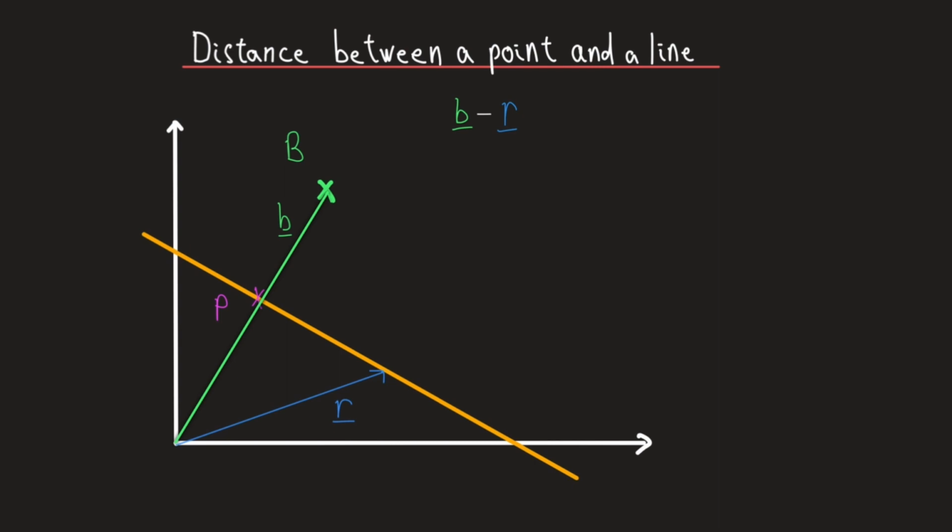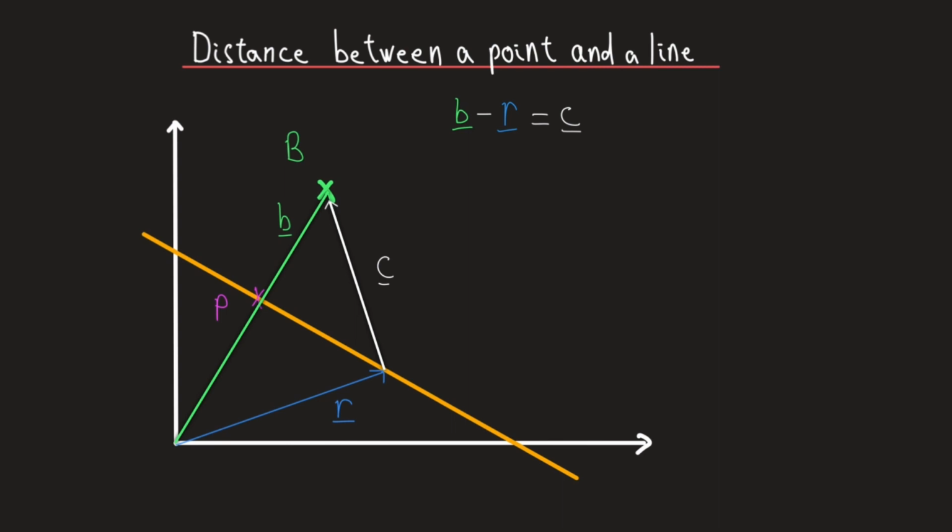So we have a difference between these 2 vectors. And visually, what does this difference represent? Well, it represents this vector over here, the vector that is joining the endpoints of vector R and vector B.